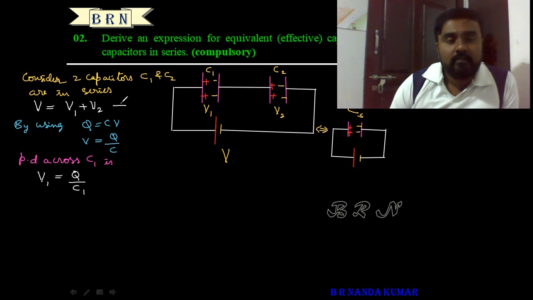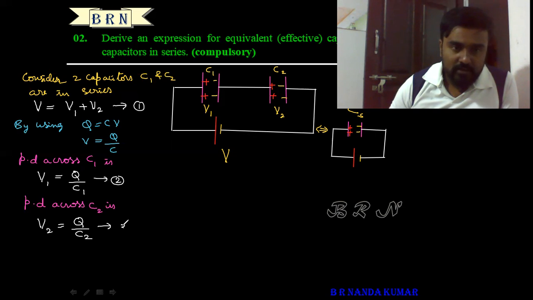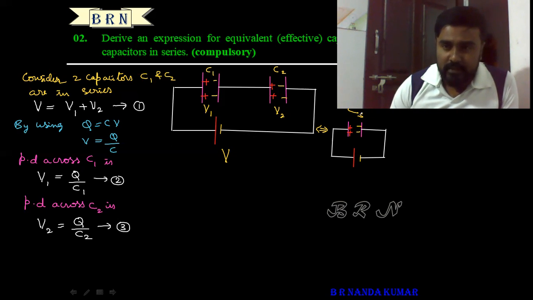Call this equation number 1, call this equation number 2. And the potential difference across C2, V2, is equal to Q by C2. This is equation number 3. Now the two capacitors are replaced by a single capacitor with equivalent capacitance Cs.